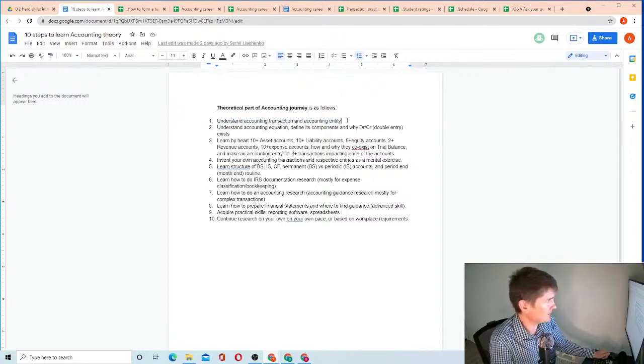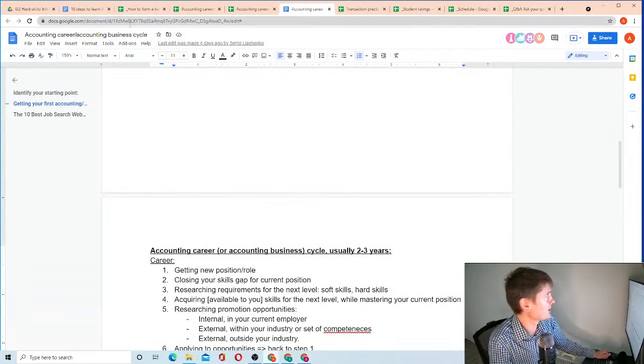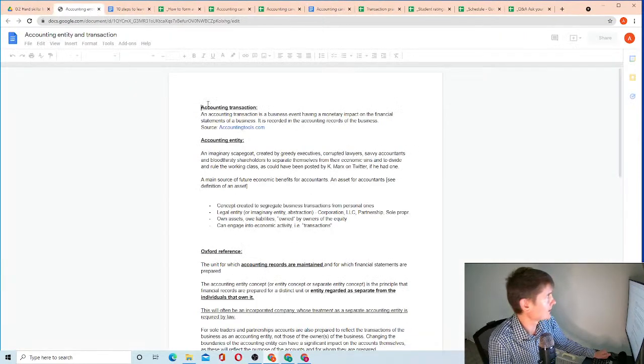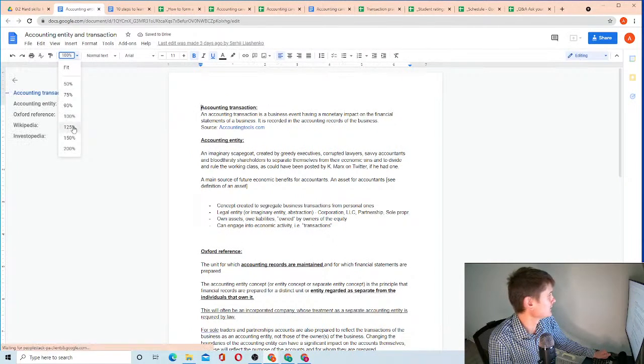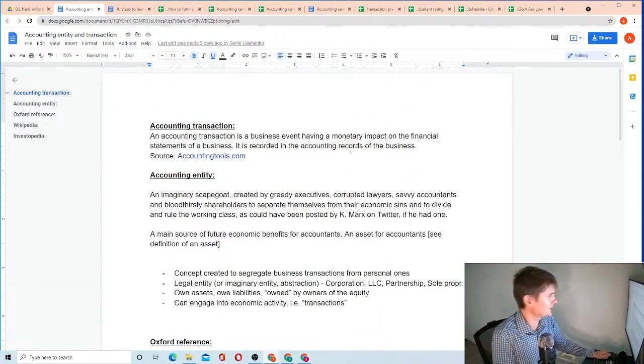So let's say we need to do point 1. We need to understand the concept of accounting entity and the concept of accounting transaction. And that might be easier to understand by just imagining that... let me do a bigger font here.